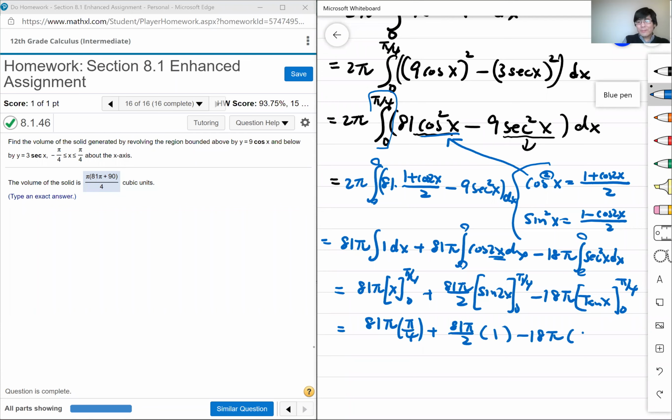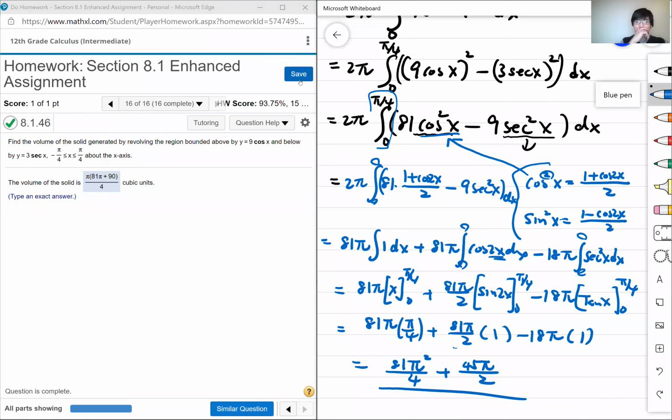Tangent pi over 4 is equal to 1, minus tangent of 0 is equal to 0, so that's just 1. So after simplifying, you get 81 pi square over 4 plus, these are like terms, so it's going to be 45 pi over 2. Okay, so that's going to be it.